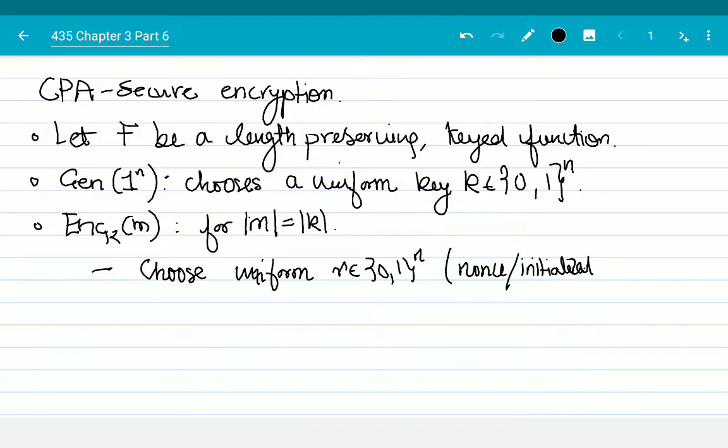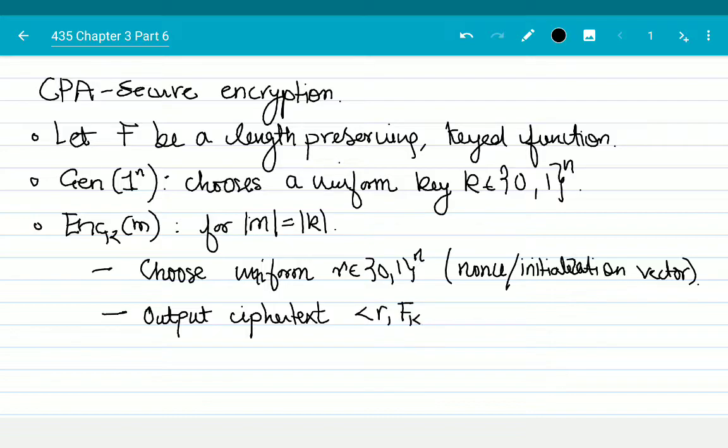I am going to call it the nonce vector. It's a uniform r separate from your key, and then you output the ciphertext: r, comma, f_k(r) XOR m.